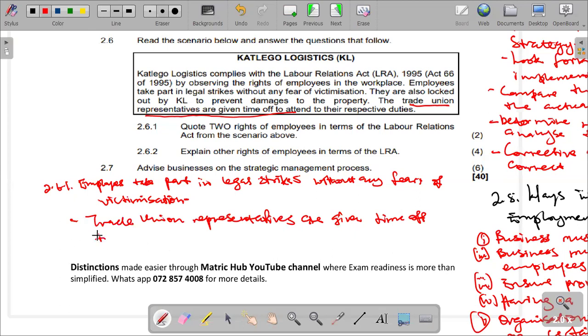Trade union representatives are given time off to attend to their respective duties. As we can see there, it is given that they attend to their respective duties. That is very true.